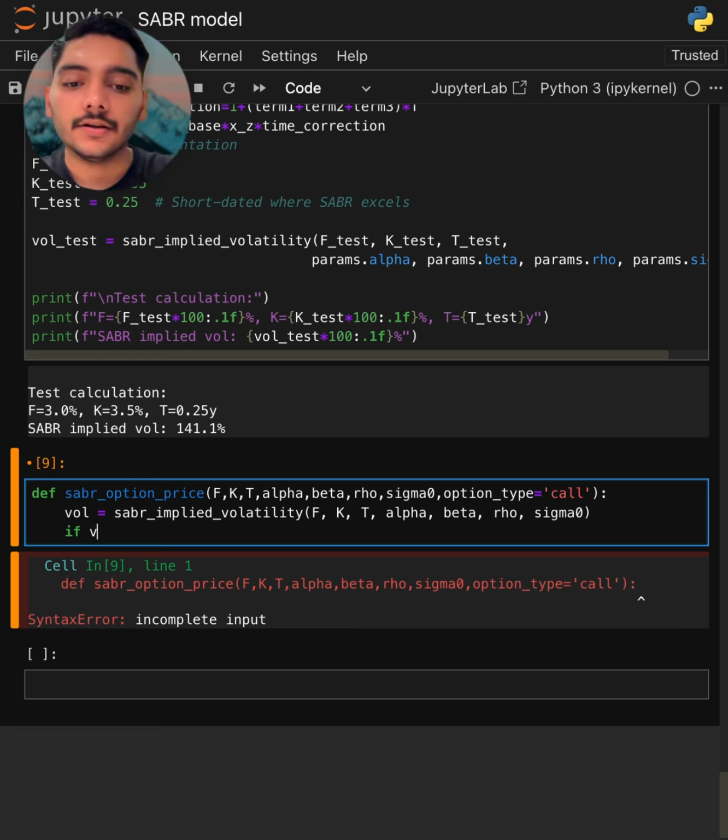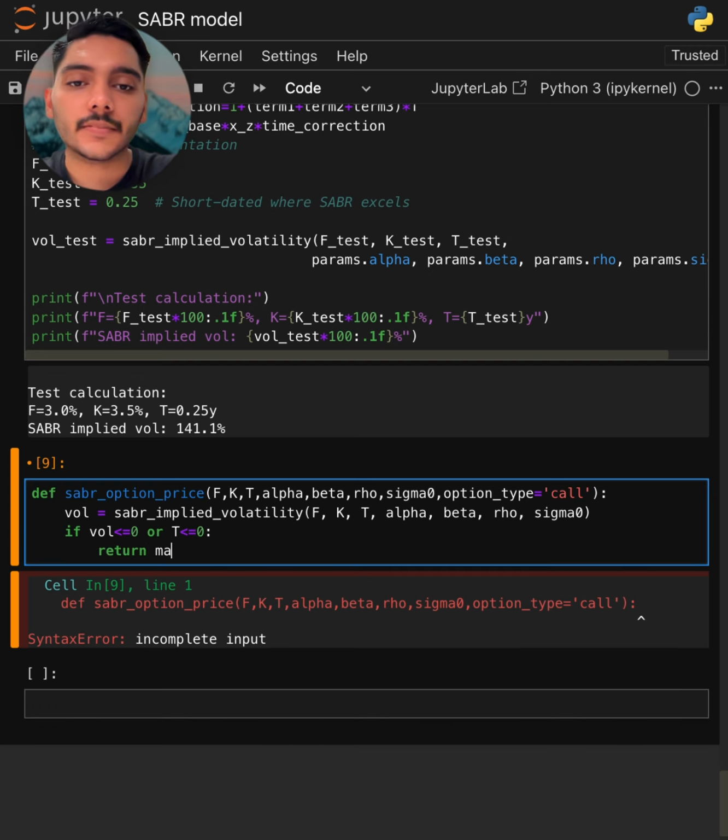If the volatility is less than or equal to 0, or the time of maturity is less than equal to 0, we will return the max of f minus k, 0 if option type is equal to call, else max k minus f, 0.